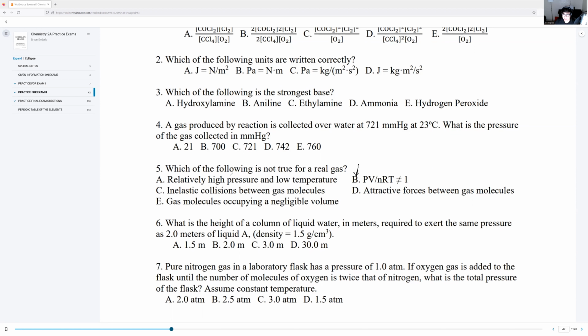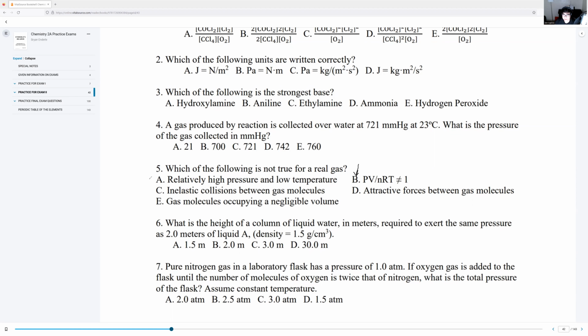Relatively high pressure and low temperature. This is true for how you would find a real gas: at high pressures and low temperatures, it's going to behave more like a real gas. C, inelastic collisions between gas molecules. This is also true for a real gas. For the ideal gas, you assume that all energy is conserved.